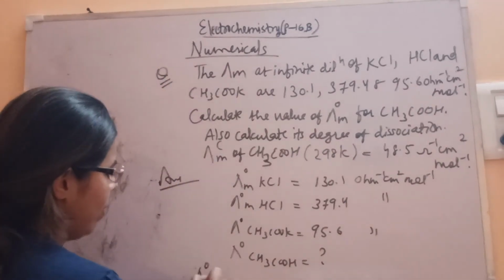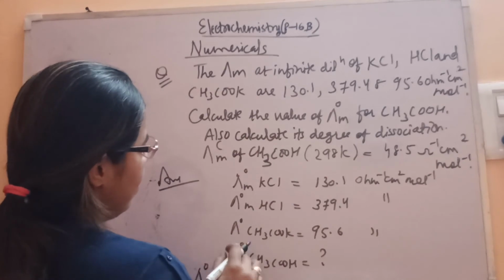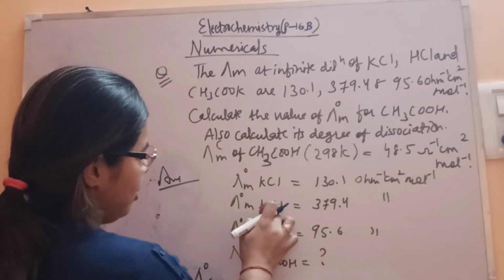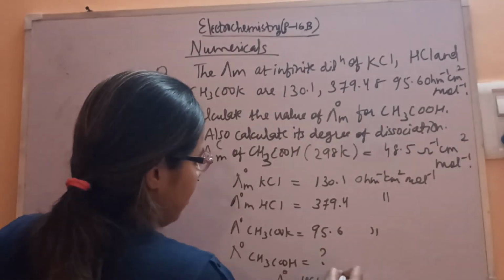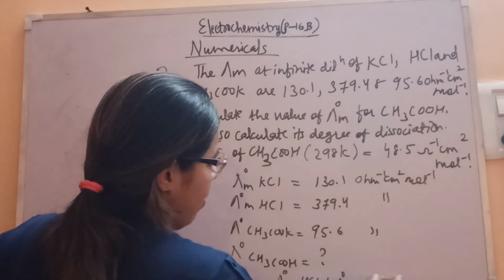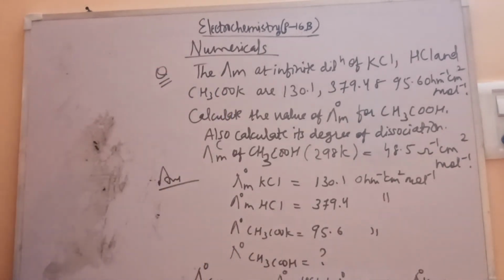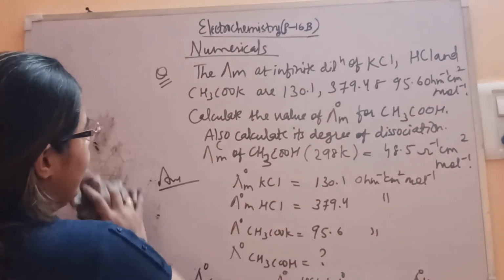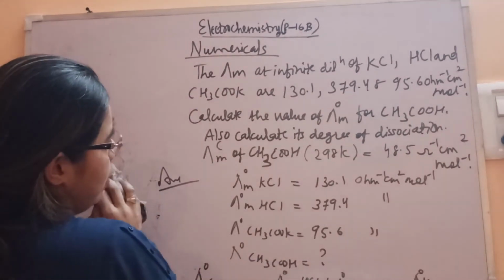So this is equal to what? We need this and this. So we'll take from this. So this we have to add it, HCl plus potassium acetate, minus KCl. Substitute their values. Let's see what you will get.